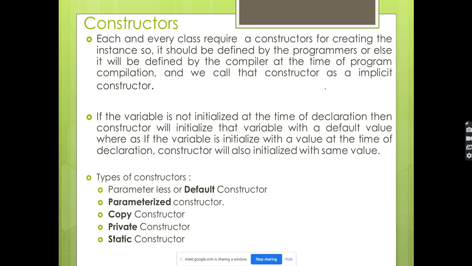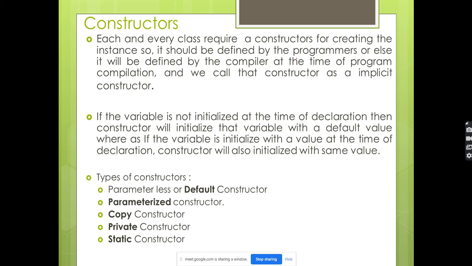And another one is the parameterized constructor. A parameterized constructor is used if you want to assign values rather than the default values. If you are not passing any values, the default value will be assigned.